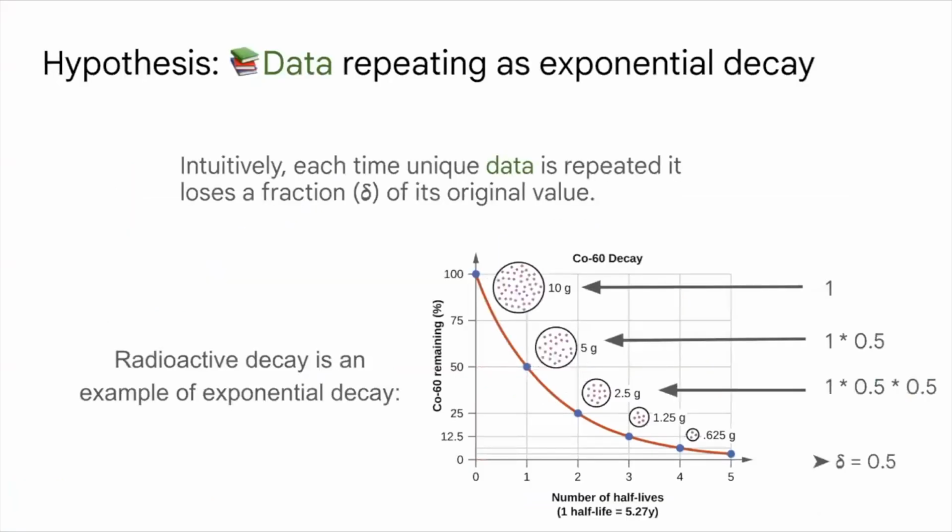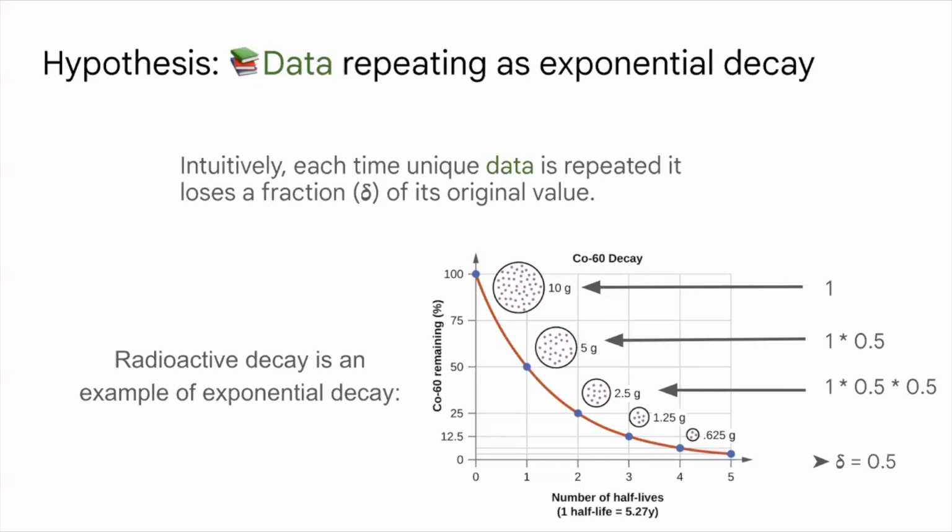And now we'll try to precisely predict how much value we're losing when we repeat data. We hypothesized that we can measure the value at each repeat as exponential decay.